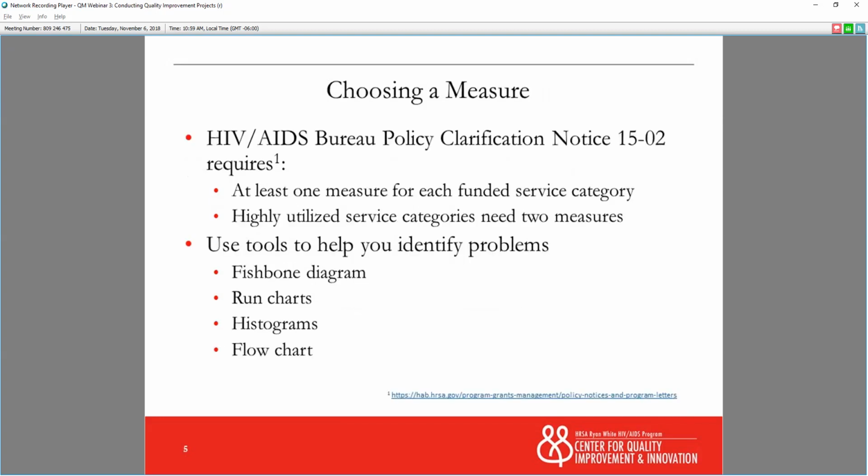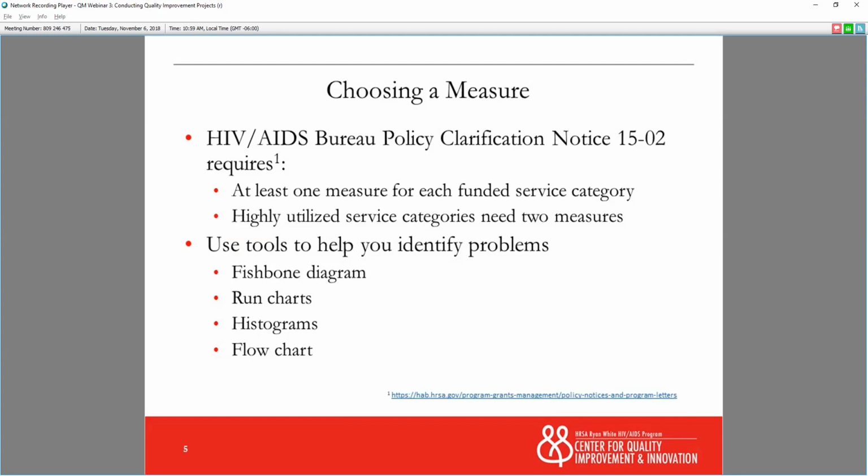So I want to backtrack a little bit, and I think we did this in June or something, but the HIV/AIDS Bureau Policy Clarification Notice 1502 requires that you have at least one measure for each funded service category. And then highly utilized service categories need two measures. Now, this applies to the Chicago EMA, right?